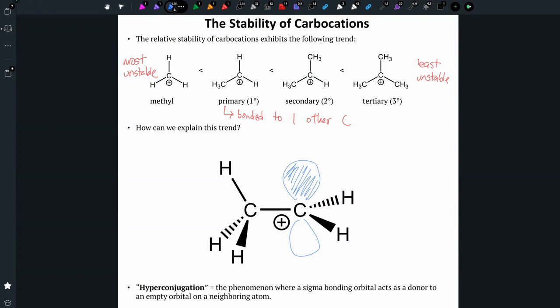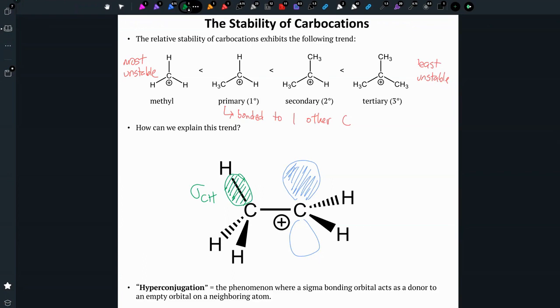And now I ask myself, is there an orbital next door that could donate into this empty p orbital? And it turns out that there is. In this case, it would be the sigma CH orbital that's on that neighboring carbon.